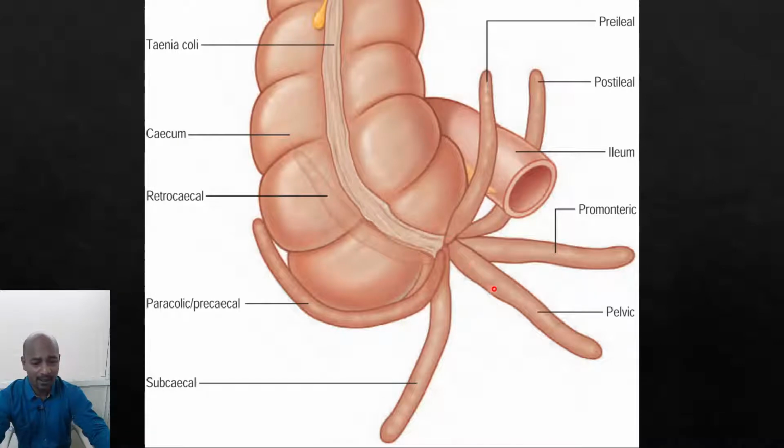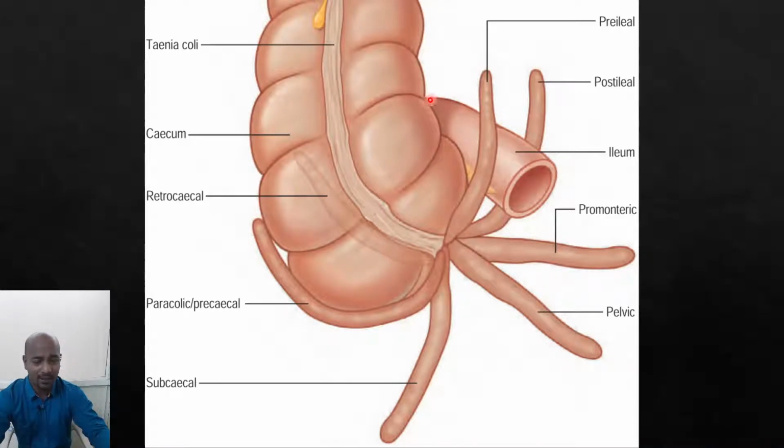The tip of the appendix can be pointing towards the pelvis, or it can be going straight down from the cecum, or it can be paracecal or paracolic, or behind the colon, or pointing towards the sacral promontory. If the mesentery attached to the appendix is slightly longer, it can go behind or in front of the terminal portion of the ileum, which opens into the cecum.